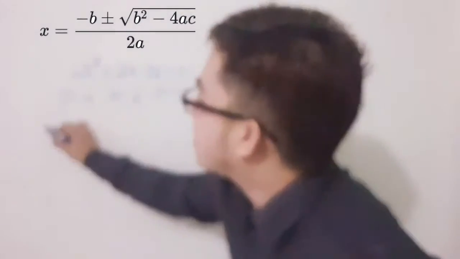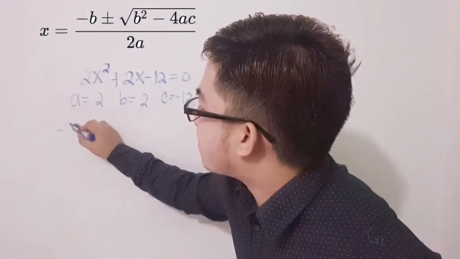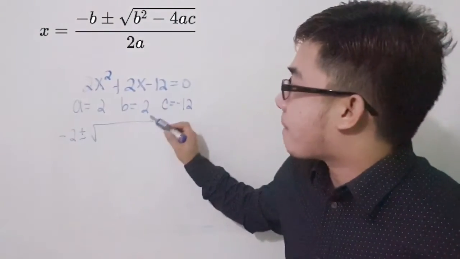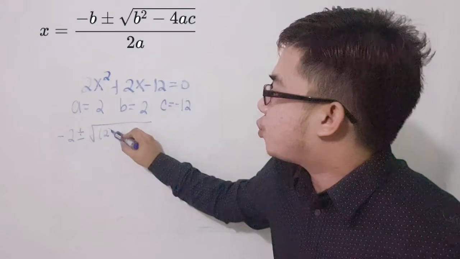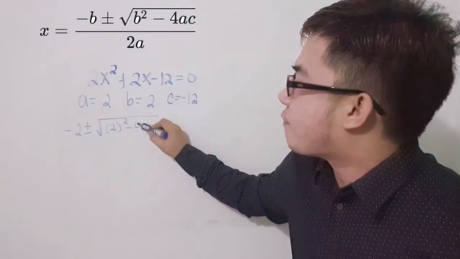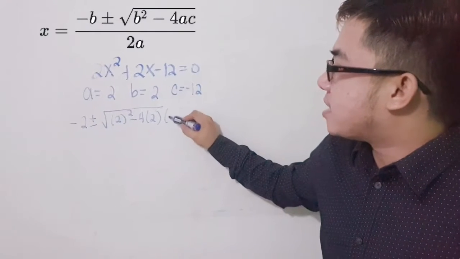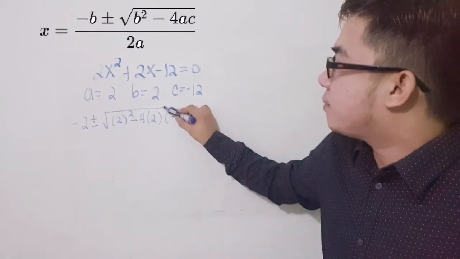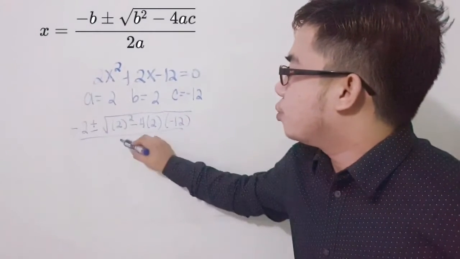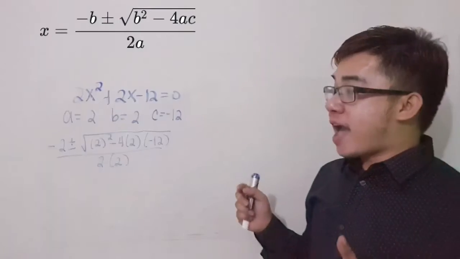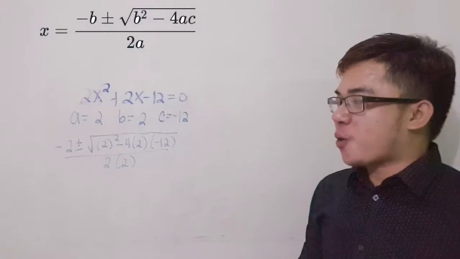So we have negative b, so we have negative 2, plus and minus, the square root of b squared, so we have 2 squared, minus 4 times a, which is 2, times c, which is negative 12, all over 2 times a, which is 2.